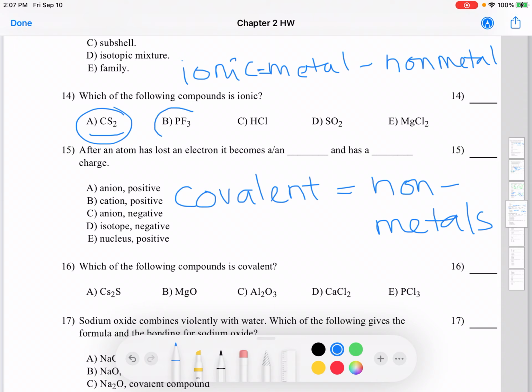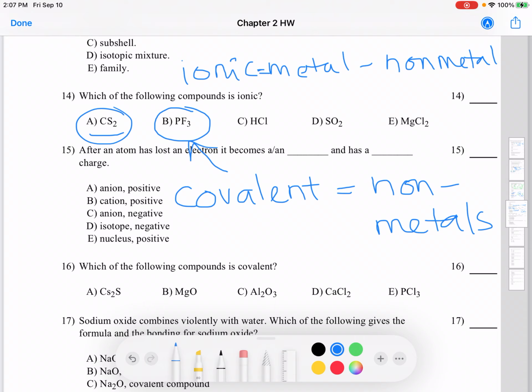And then you locate PF3. Phosphorus is again on the right side of the zigzag line of the periodic table, and also fluorine. So both of them are non-metals, so again a covalent compound. And how do we name PF3? For covalent compounds, we use prefixes like di, tri.